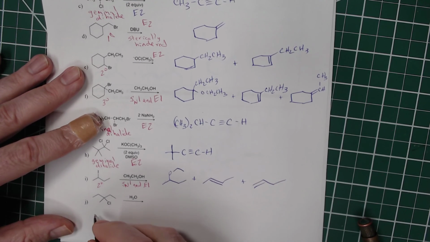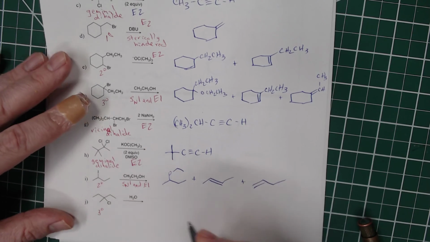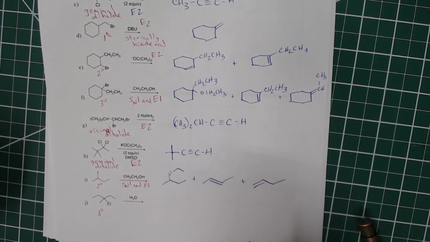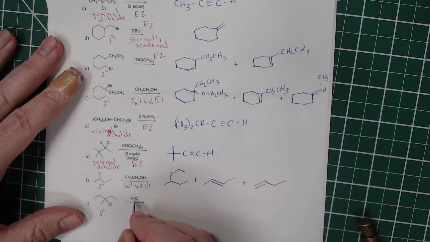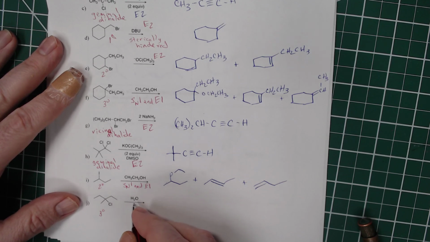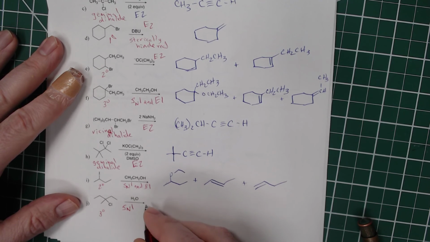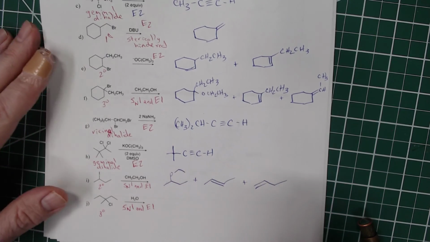All right, here we've got a tertiary alkyl halide that's going to tend to favor SN1, E1, and E2. However, we've got a weak base/nucleophile. So this, like that one that was right above it, is going to be SN1 and E1 exclusively.